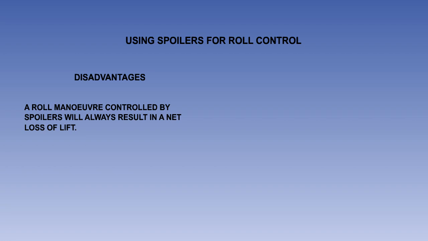Unlike the aileron, spoilers cannot increase lift, and so a roll maneuver controlled by spoilers will always result in a net loss of lift. However, the spoiler has several advantages over the aileron. There is no adverse yaw. The raised spoiler increases the drag, and so the yaw is in the same direction as the roll.